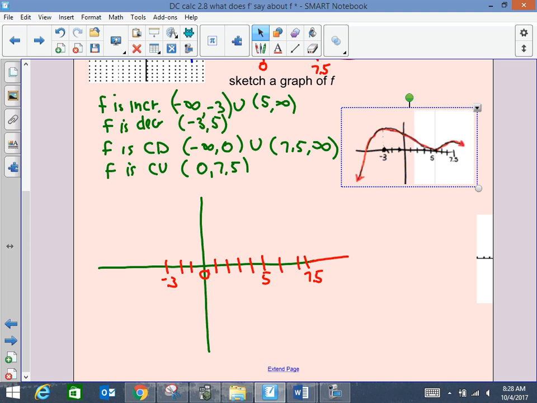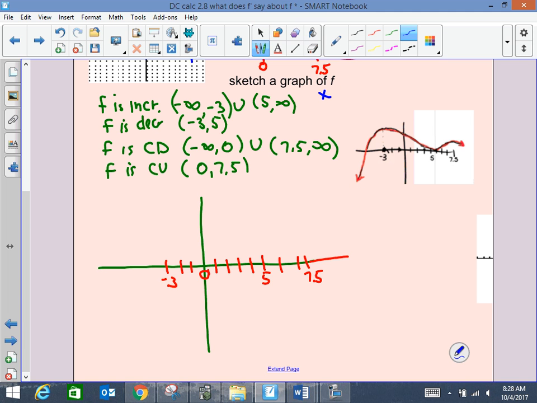Increasing definitely. If you have increasing and then decreasing, what should be at x equals -3? A max. Does everybody have a max at -3? Okay, and you should also have a min where? At 5. Okay.